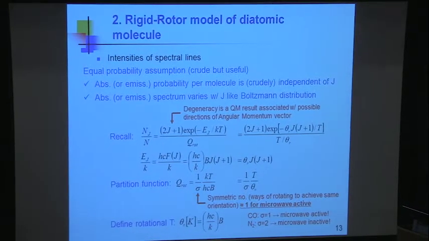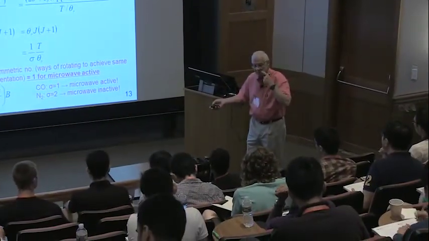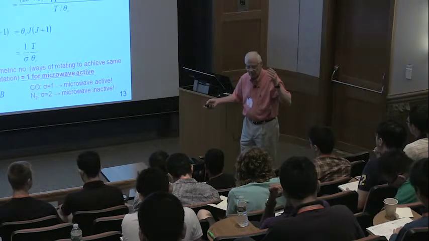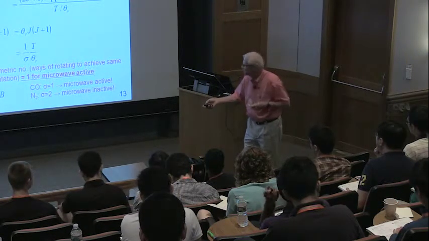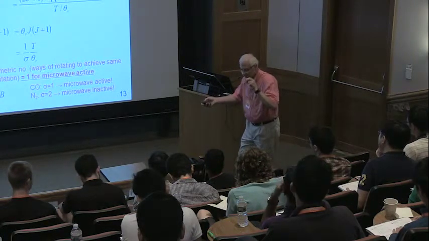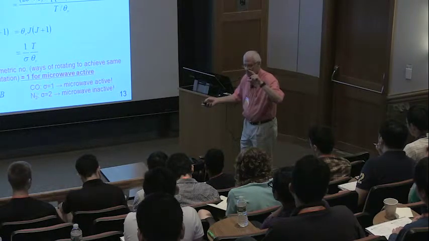Since we're typically interested in room temperature or higher, the spacing of these rotational energy levels is small compared to room temperature and higher. That is a simplification that we sometimes use. So the rotational spacing measured in kelvins is small. The vibrational temperature measured in kelvins is big.